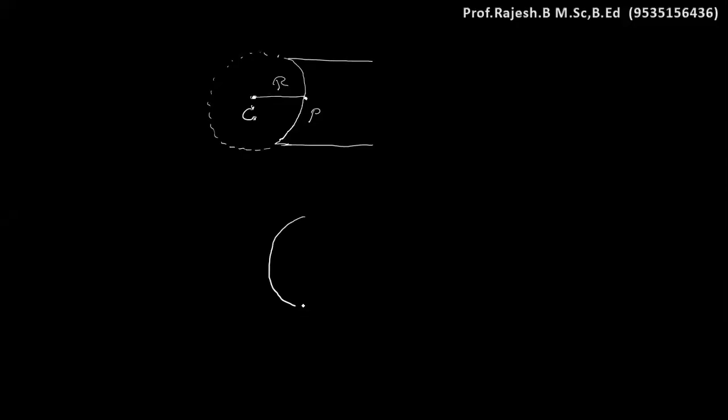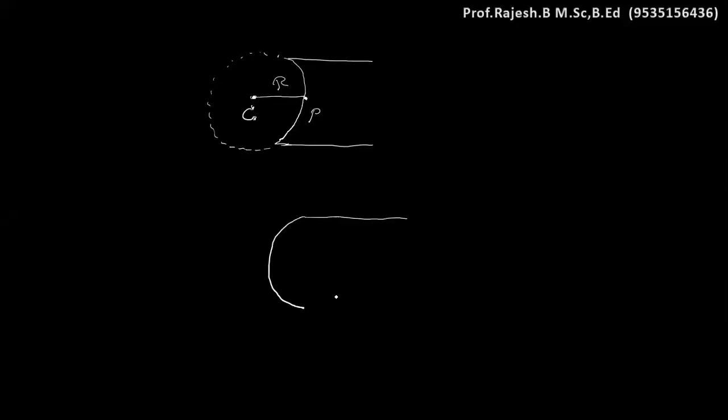Suppose I take an example of a concave spherical surface. Here we can imagine a spherical shape like this. Here comes the center of curvature. Here it will be the pole, and pole to center is the radius of curvature. The distance between pole and center of curvature is the radius of curvature. Now what happens for convex? I take a convex spherical surface.